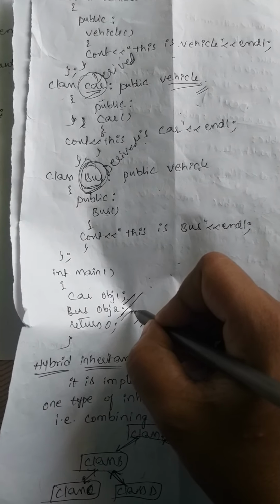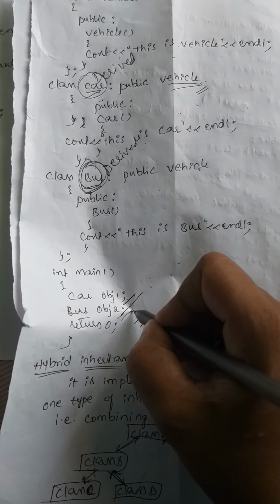In this case, the output is: this is vehicle and this is bus. So this is hierarchical inheritance. Hierarchical inheritance is where we have only one base class but a number of derived classes.